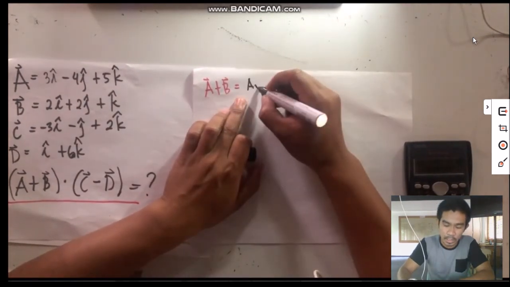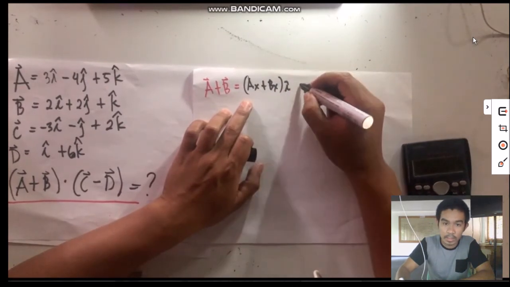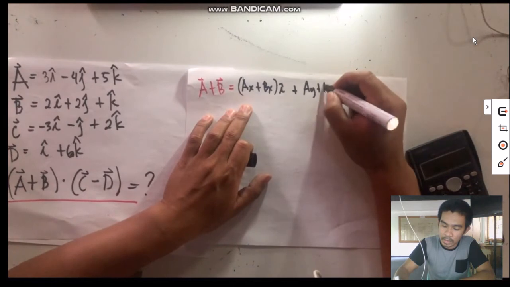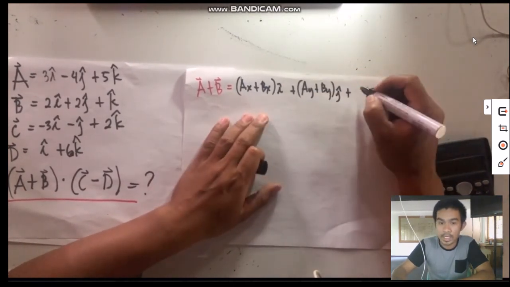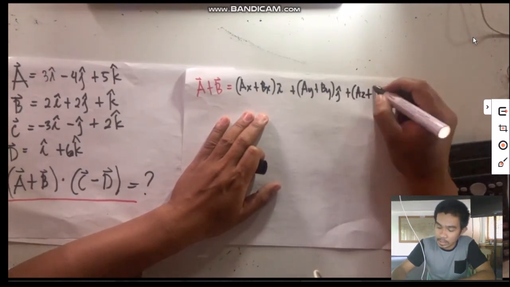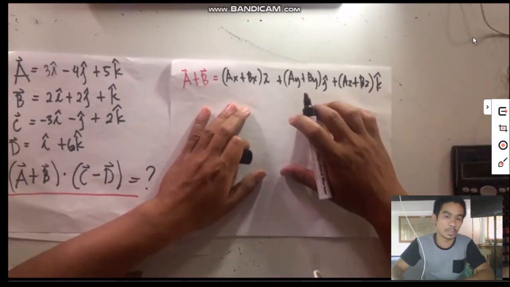That's AX plus BX I hat plus AY plus BY J hat plus AZ plus BZ K hat.